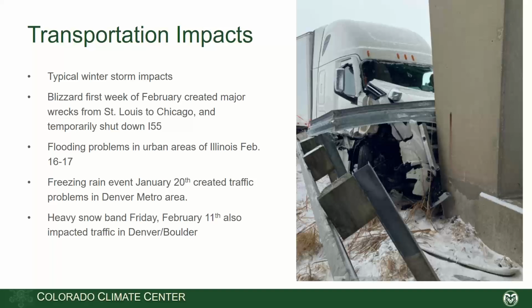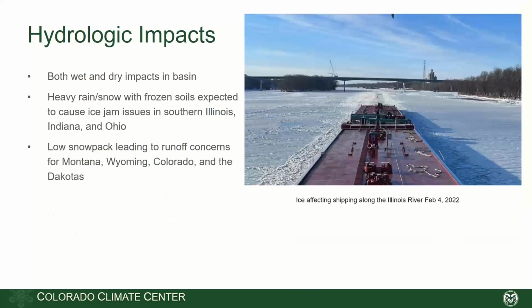There are some ongoing problems with urban flooding with the storms that are coming in as we speak in the eastern part of the region. And then I just noted a couple of the transit impacts that we've had in the Denver metro area over the last month or so, with a freezing rain event and then a heavy snow band that occurred during rush hour on a Friday.